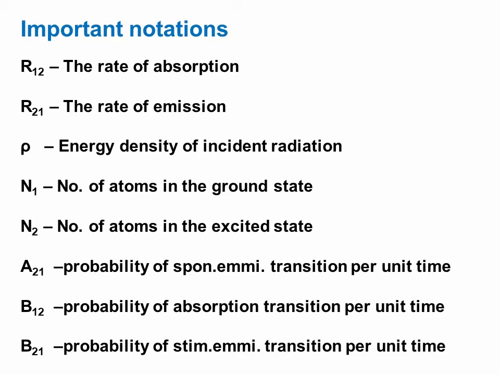Yes, B stands for stimulated, and 21 is emission. So, it is the stimulated emission transition probability per unit time. So, here A and B are Einstein's coefficients.